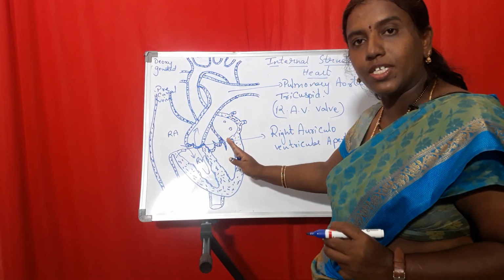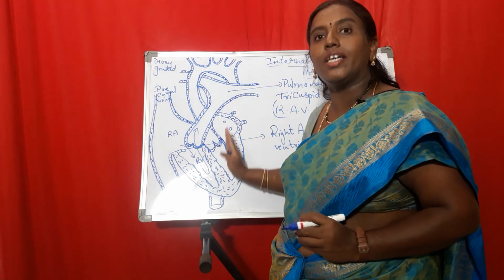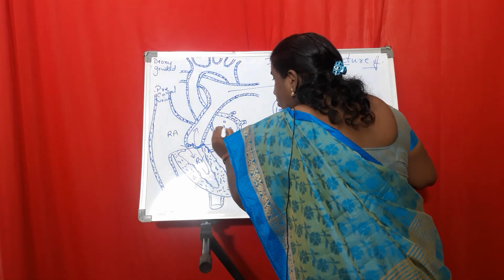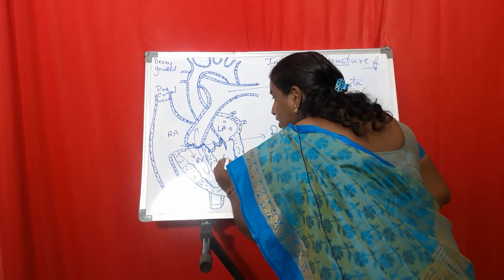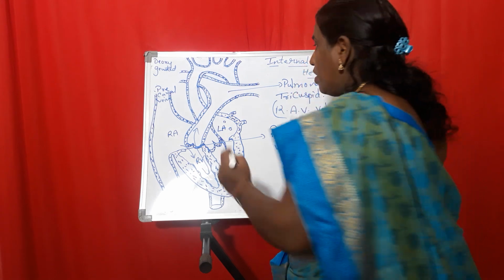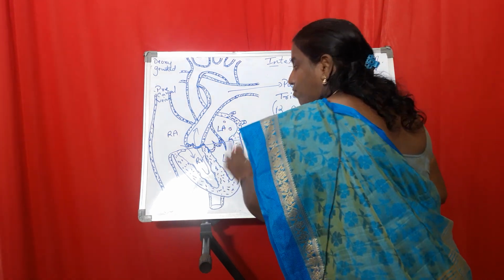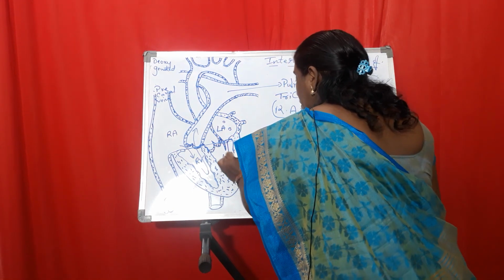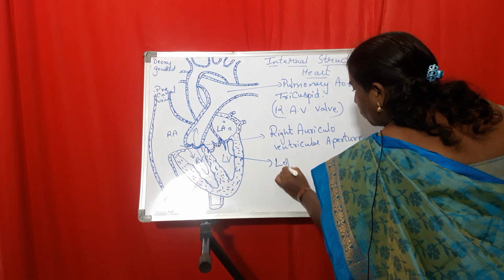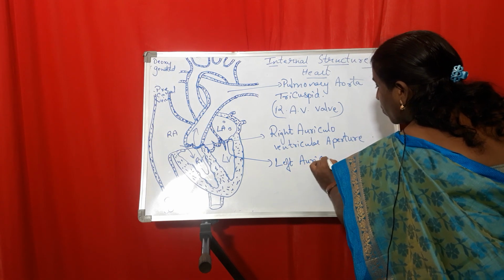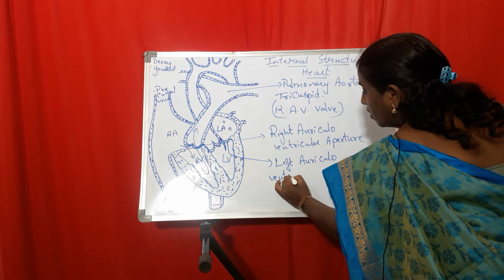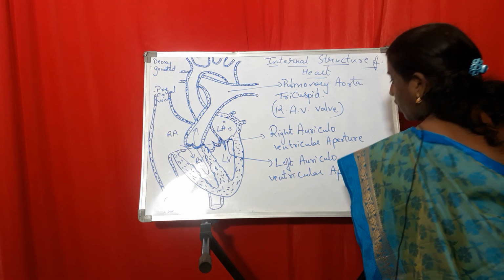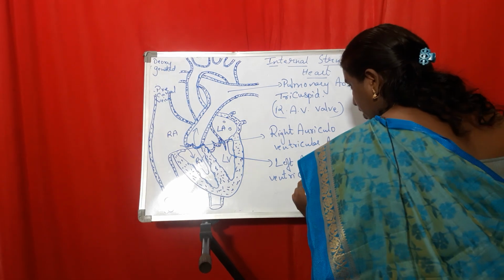This is about the right side of the heart. When we come to the left side of the heart, our left side of the heart carries oxygenated blood. So this is left auricle, children. This is left ventricle. From left auricle to left ventricle, there is an aperture called the left auriculo-ventricular aperture.